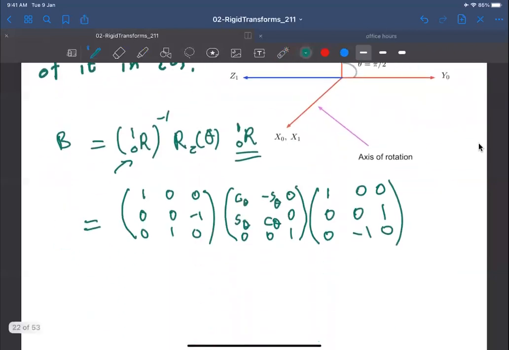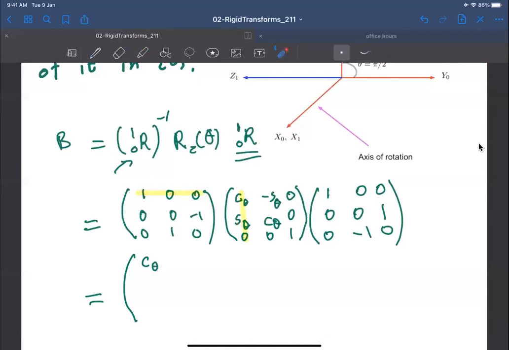Okay, so let us do the multiplication from left to right. First we multiply this row by this column to get the first element here. This is going to give us cosine theta, because the other values here are multiplied by 0, so it's 0.